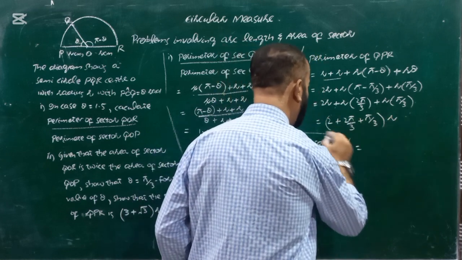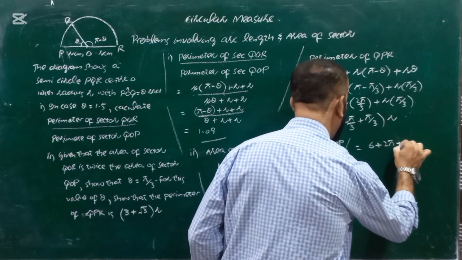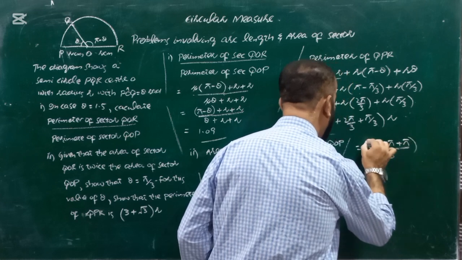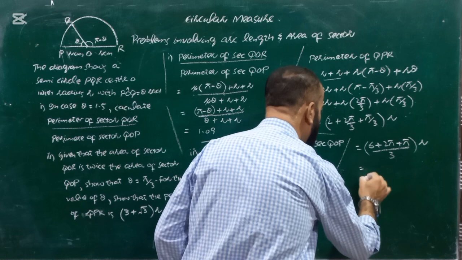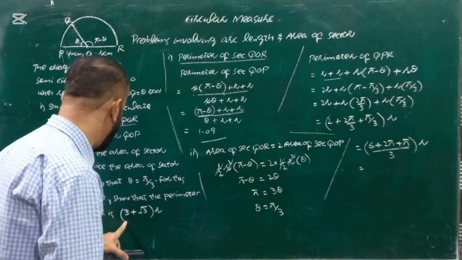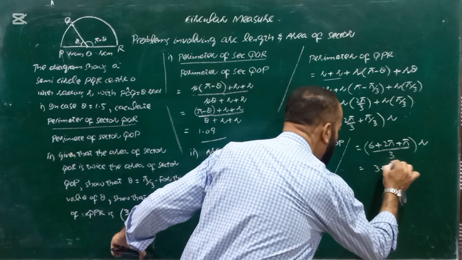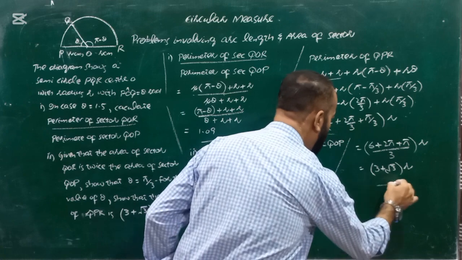From here it will be 6 plus 2 pi plus pi over 3 into R. So if you solve it, this will be equal to this thing, 3 plus square root 3 into R. So this is the answer.